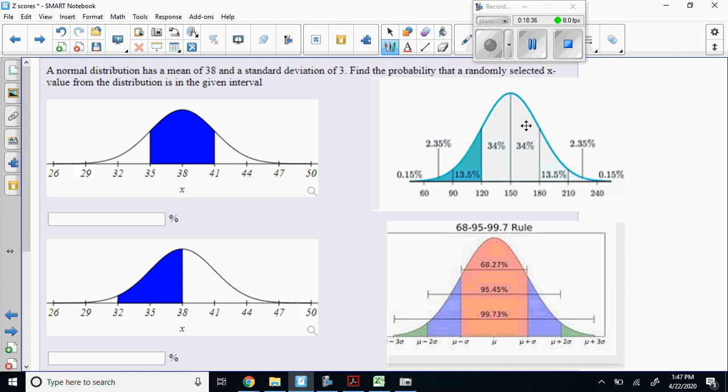One standard deviation to the right is 34%, right? So here's the mean right here. It has a standard deviation of 3, so there's 1 below and 1 above, right? So how much is that shaded area? What's the probability that a random X value will be in that? Well, how much percent is in that? 68 what? Percent. Right?